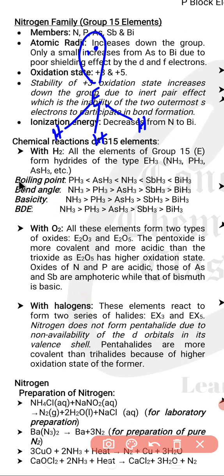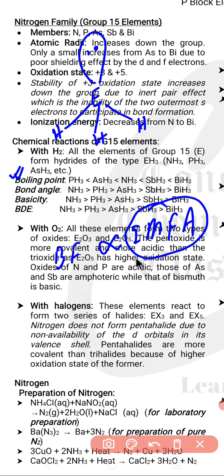The first and most important property of these hydrides is boiling point. Boiling point depends upon intermolecular force of attraction, which again depends upon the molar mass of the substance, and the molar mass increases from NH3 to BiH3.